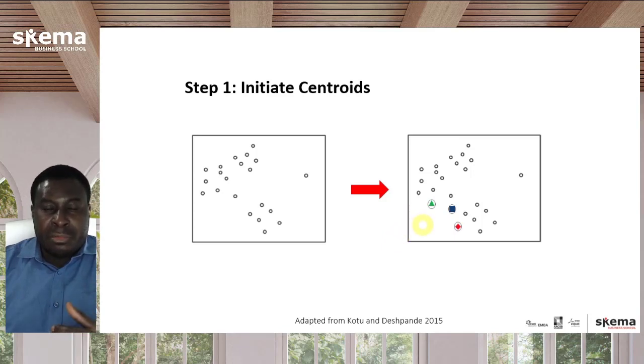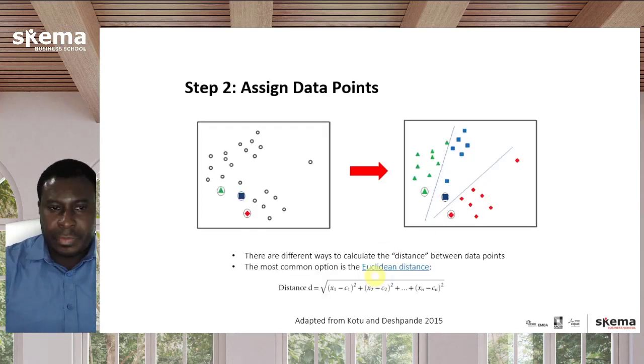To begin, k-means cluster analysis just takes 3 random points. It can be any point, any space here. So not existing points, but just 3 places in this space, and says those are the centers of the clusters. That's where it starts out. And that's the first step.